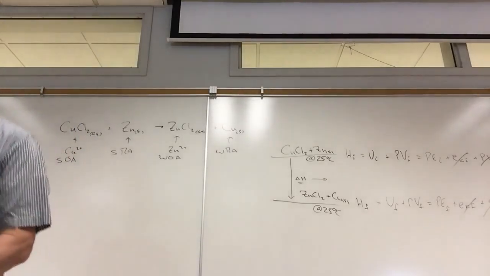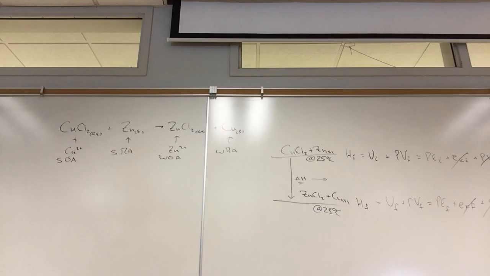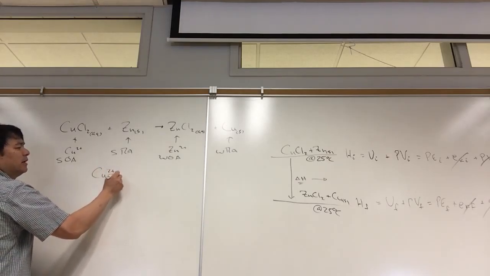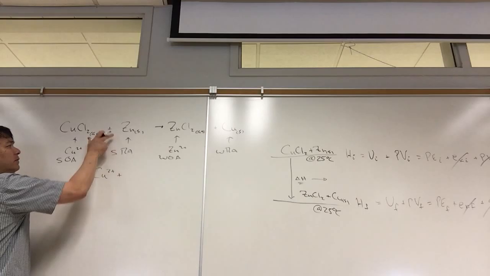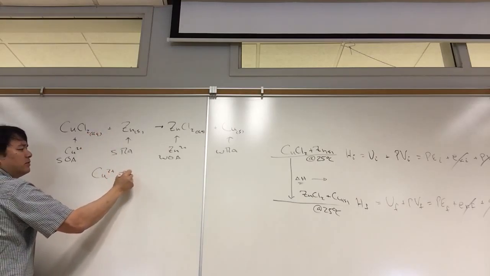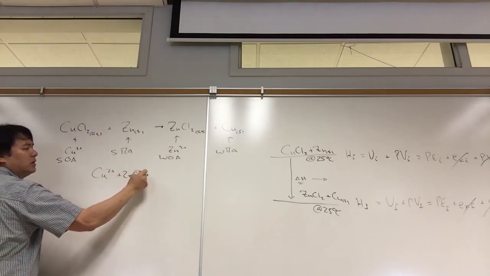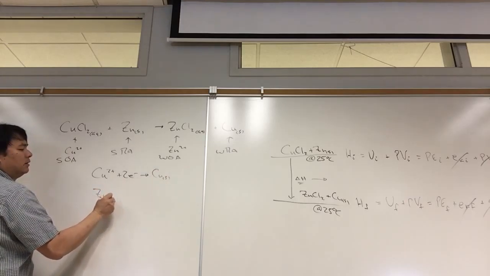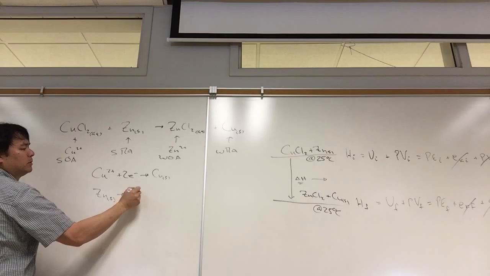Well, that energy can be lost into the surroundings in different ways. For example, we're doing electrochemistry today, and one way we could lose that energy into the surroundings is by this. This is a redox reaction with electron transfer. So basically the copper 2 gained 2 electrons to form copper solid, and the zinc solid lost 2 electrons, Zn2+.